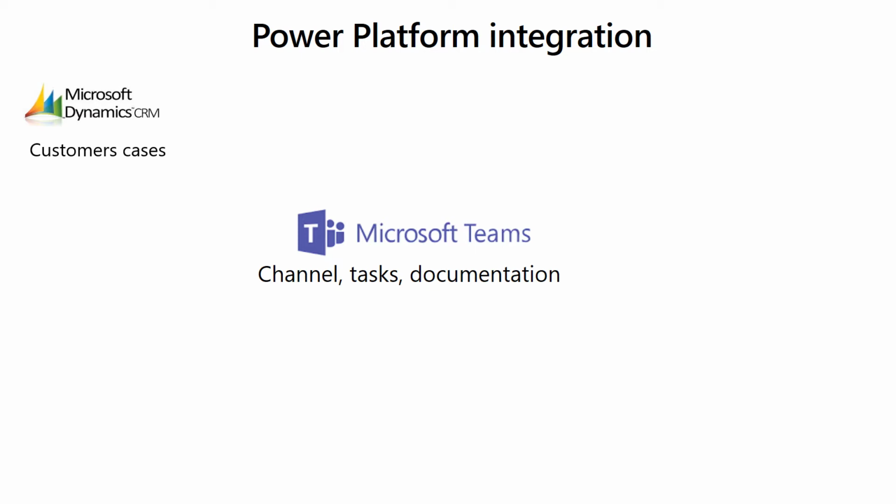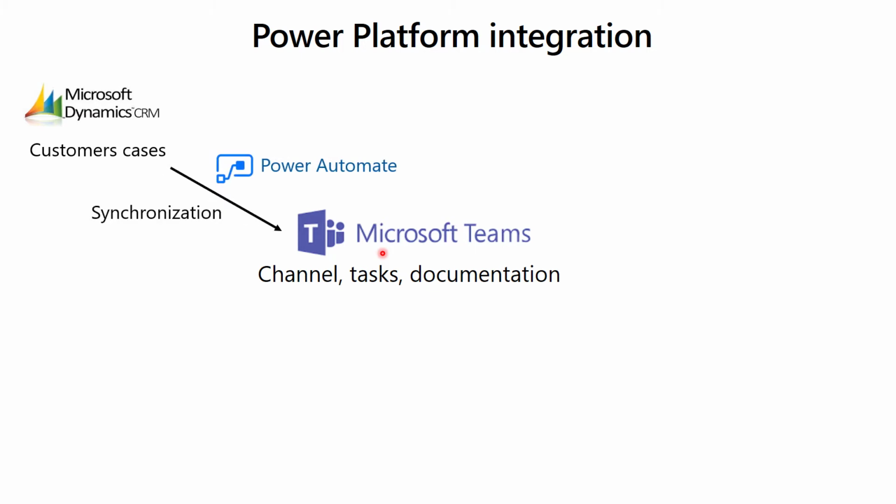It means that basically, if you have to create the task in CRM, and then you want to create the task in Teams for the project management, you have to do double entry of the data, one time in CRM and a second time in Teams.